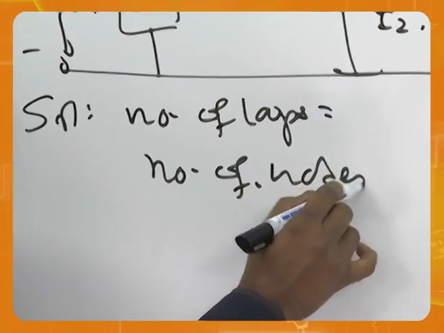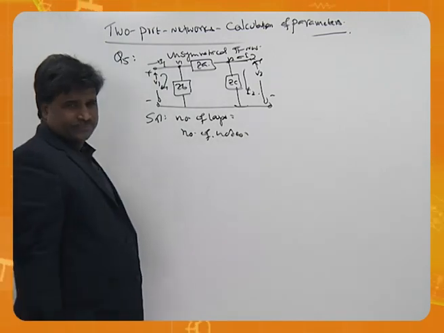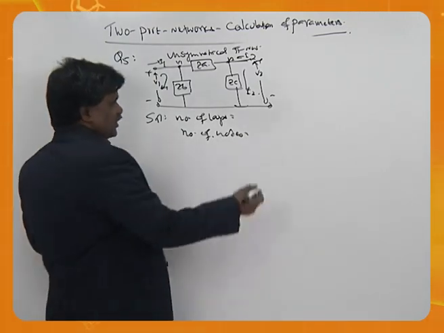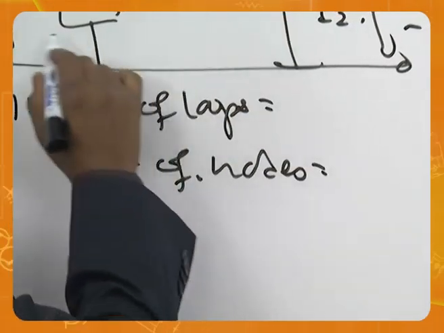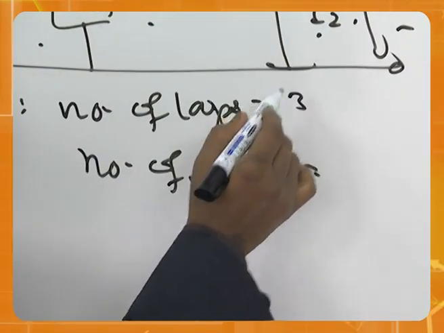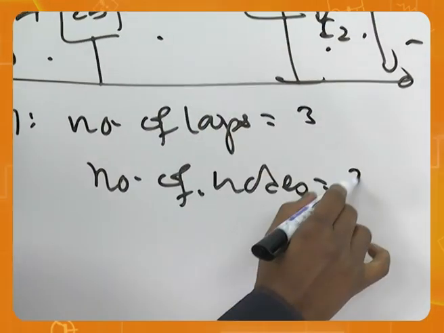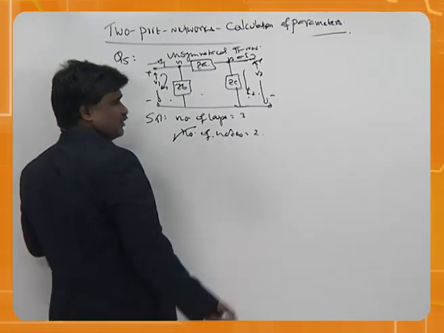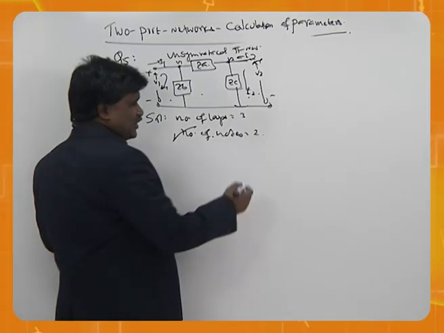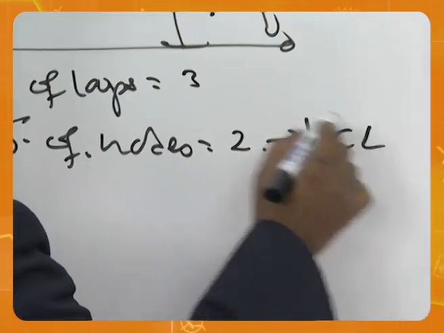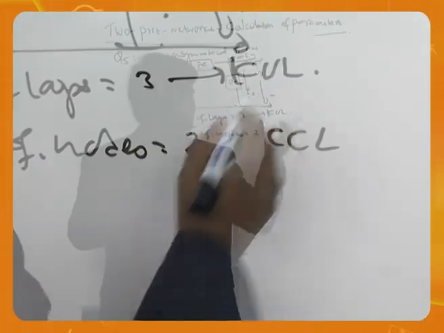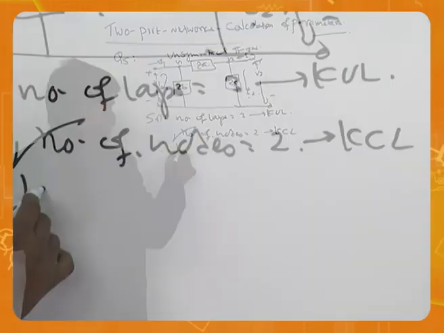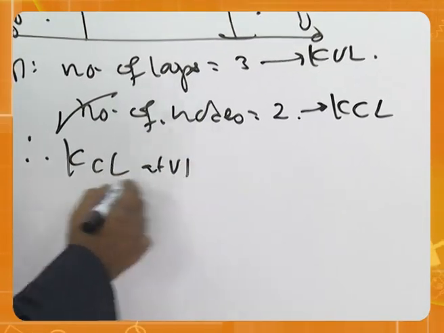Number of nodes, how many? If the number of loops is taken as 1, 2, 3, and the number of nodes is only 2, which one shall we take? Nodes is better. Nodes means what? KCL. Loops means KVL. So I am going to take KCL at V1.